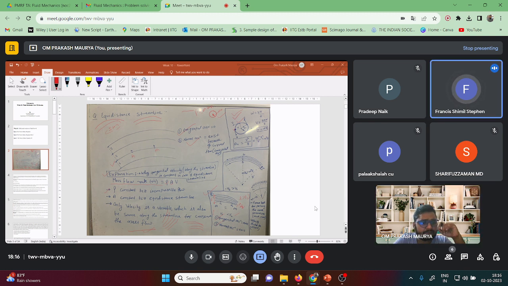Actually, for a streamline, the velocity at a point will be tangent to that point. So we are resolving the tangential component along the streamline, in order to get the velocity component perpendicular to that curve. No, actually I'm not getting what your question is.